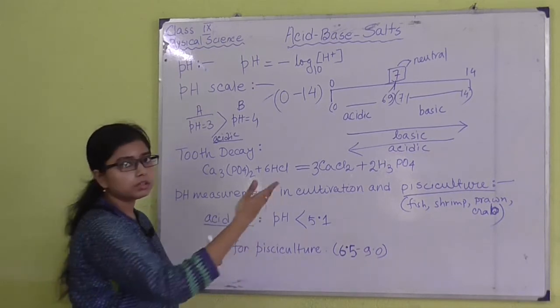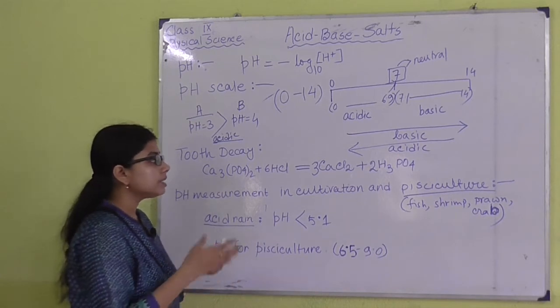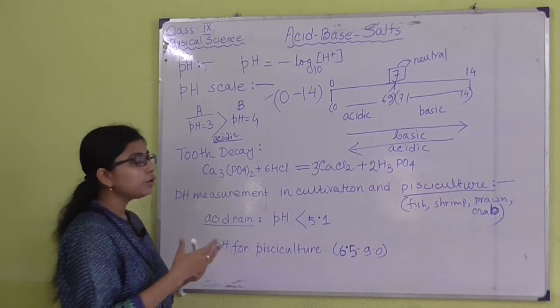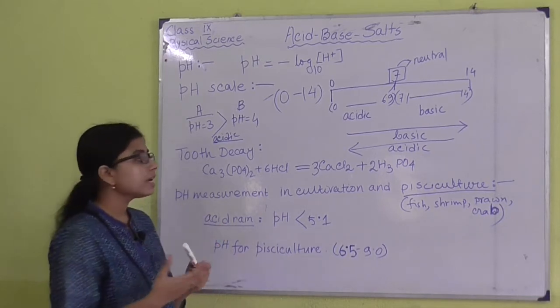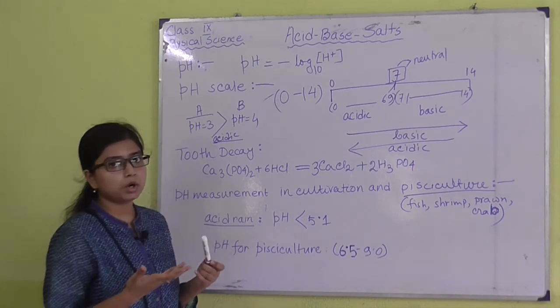Okay. That means for the shrimp, for the fish, crab, and this is also harmful for pisciculture. So we should make the water basic for this purpose. So how can we make the water basic?